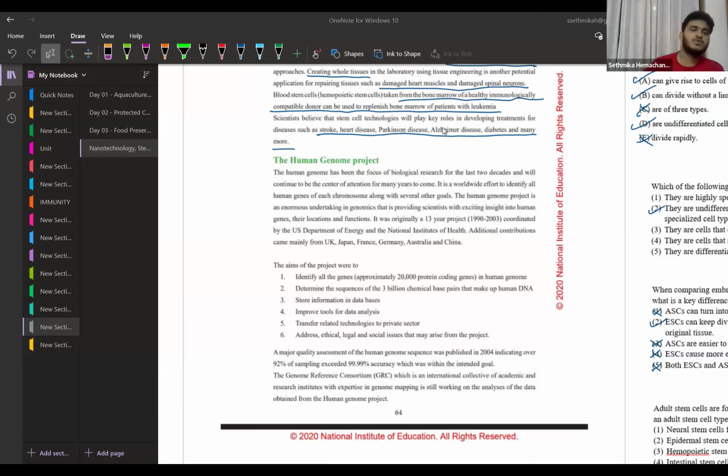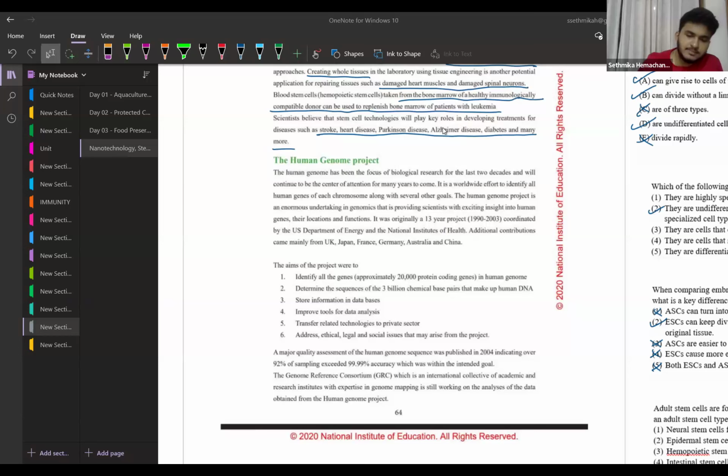So the Human Genome Project is basically a project that was initiated in, I can't remember the year, 1997, right? It was a 13-year project initially, which was initiated so that all the genes in the human body can be decoded.